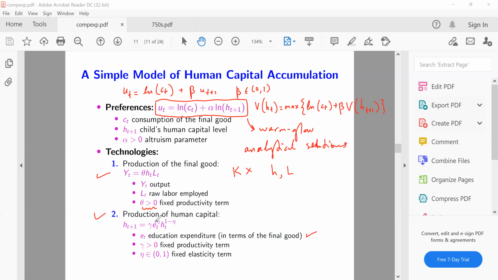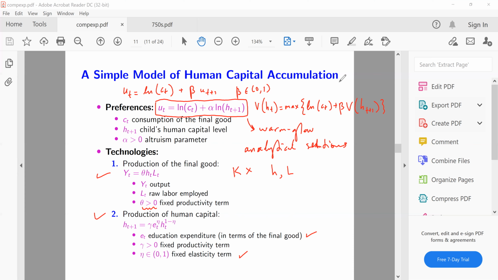So this is the human capital production function. Gamma is again some productivity term for education technology. So if you spend ET dollars for your kids' education, and if your human capital level is HT, then your kid would have HT plus 1 units of human capital. Obviously, eta is an elasticity term and it is fixed.